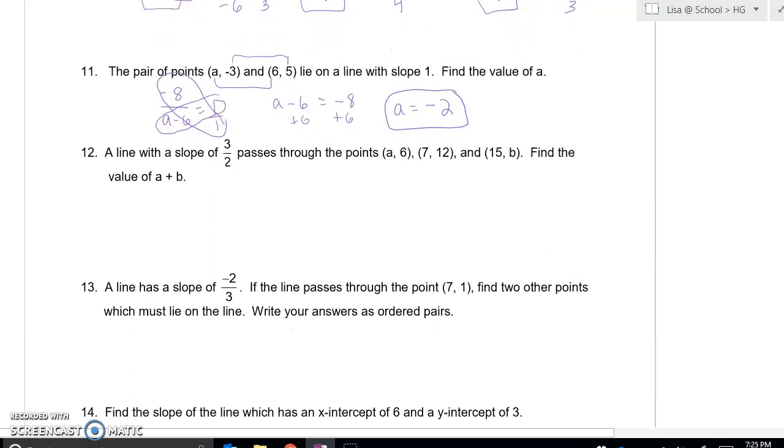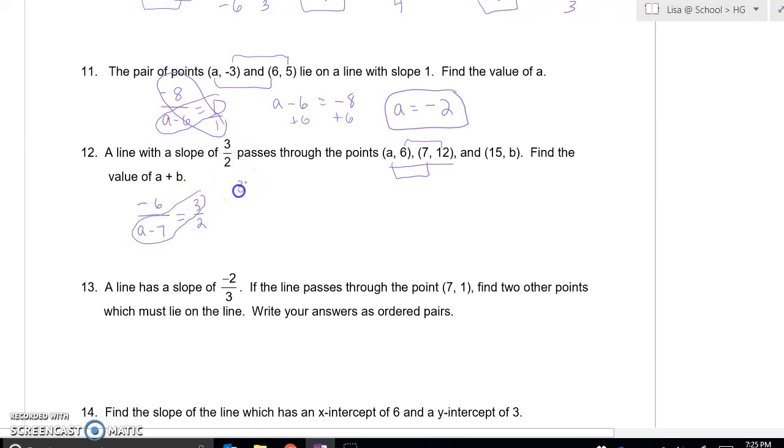Number 12, I have to find A and B this time, so it's just like number 11. So I'll work on A first. The change in y is 6 minus 12, which is -6. The change in x I'm going to represent as A minus 7. That equals 3/2. I'm going to cross multiply here.